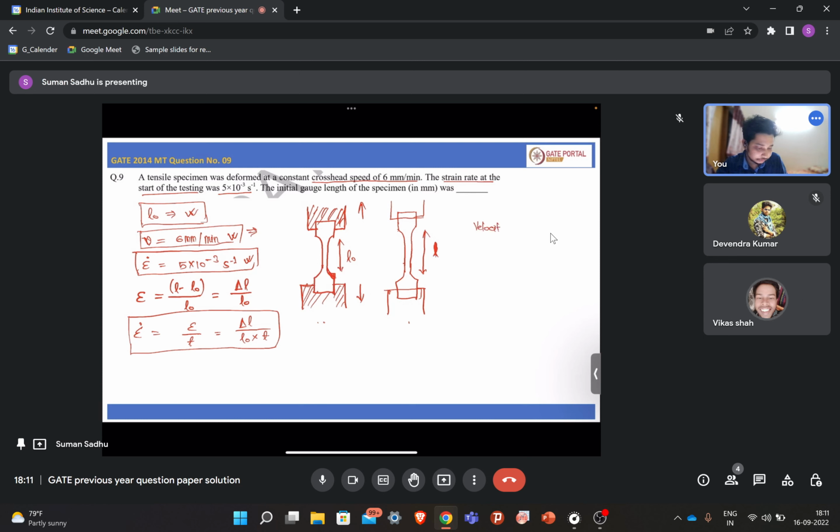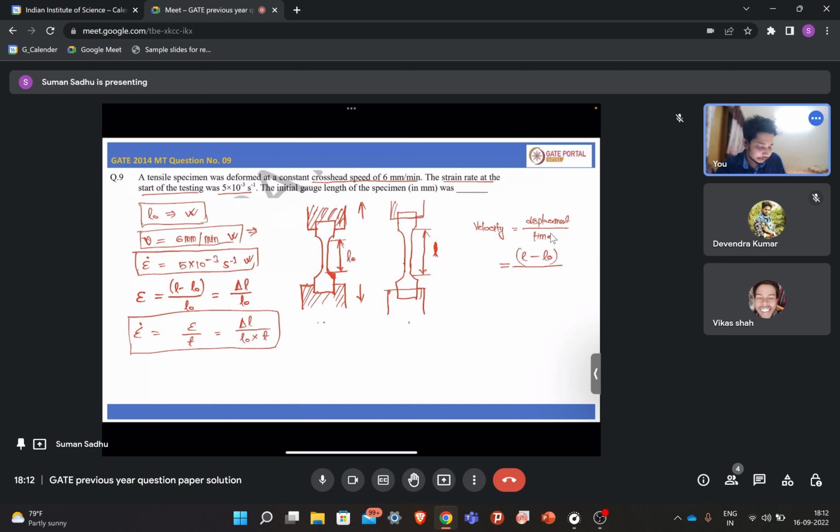Velocity is basically displacement per unit time. Initially the length was L naught, now the length becomes L. So what is the displacement? L minus L naught, that is delta L.